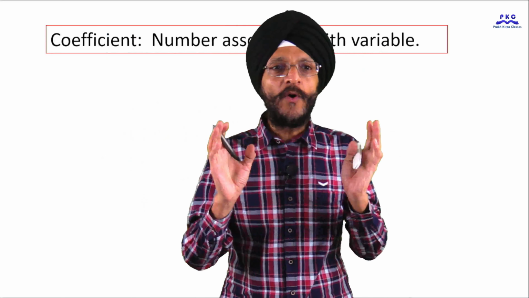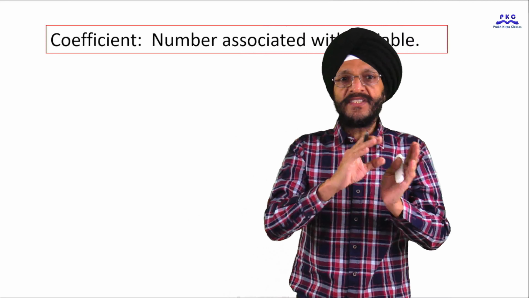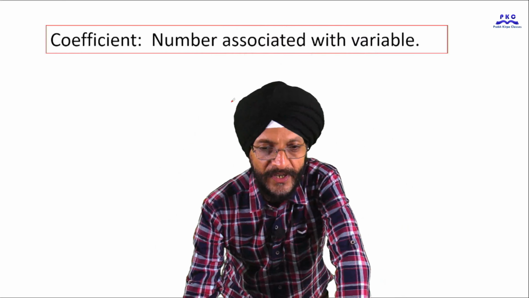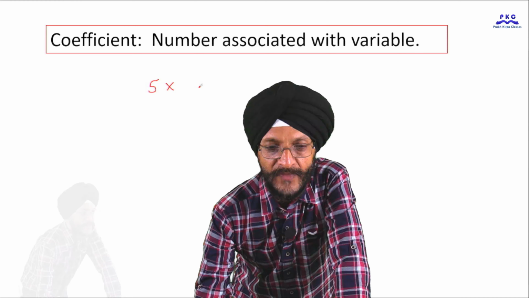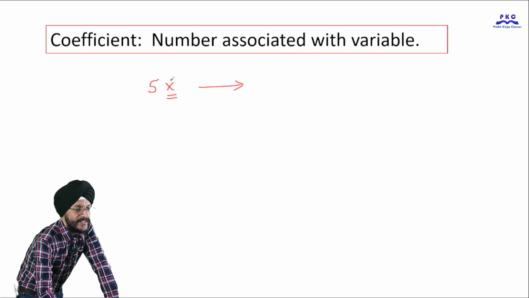What is the meaning of coefficient? Coefficient means the number which is associated with variable. So now if we write say 5x, so you have already understood that x is the variable.